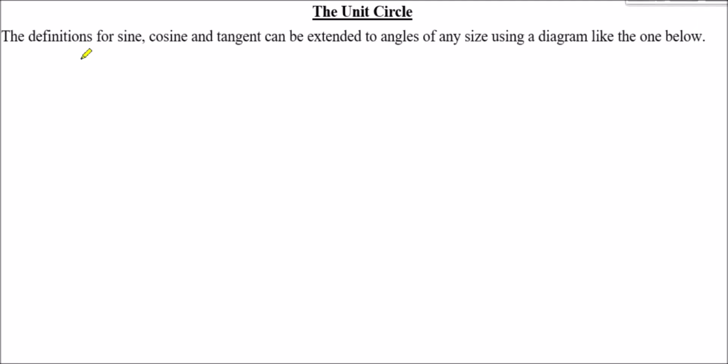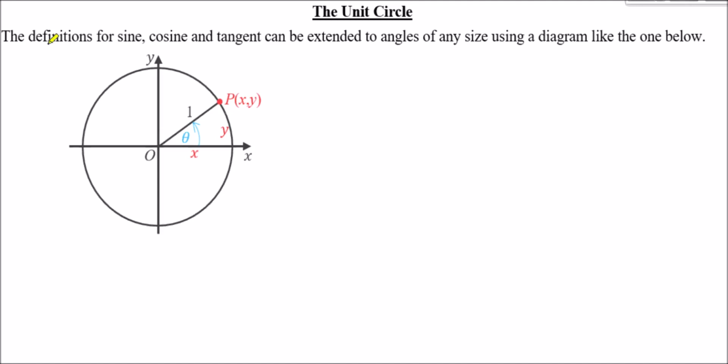So the definitions for sine, cosine and indeed the tangent can be extended to angles of any size using a diagram like the one below. This is very similar to what we've seen for the warm-up questions 1, 2, 3 and 4. It so happens that, like I said earlier, the x-coordinate relates to the cos of this angle, and the y-coordinate relates to the sine of this angle here.